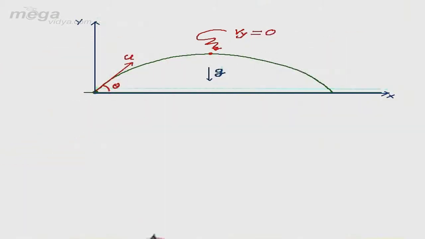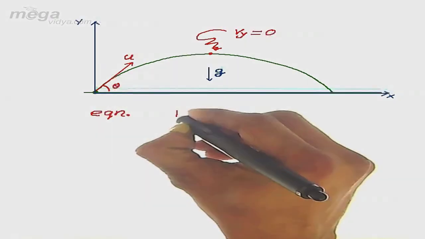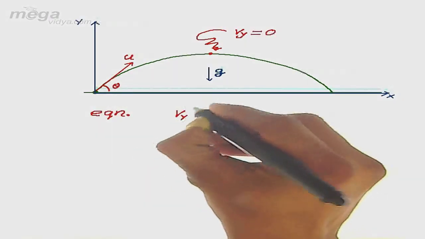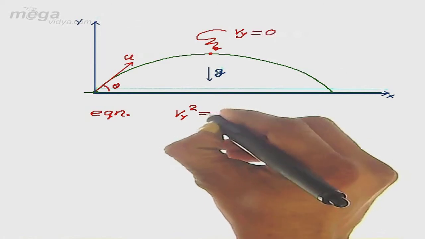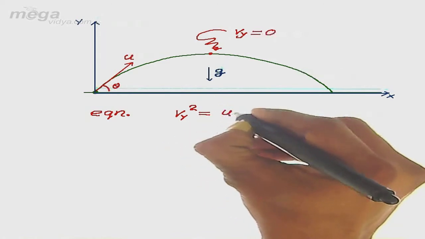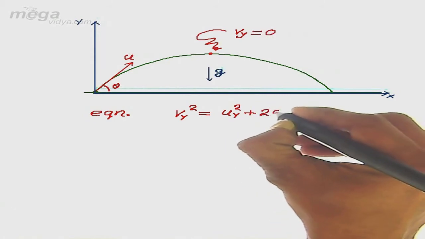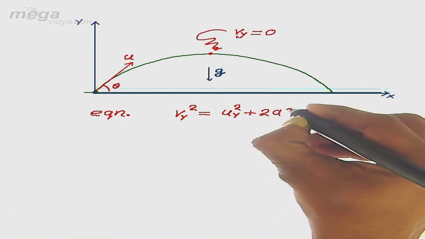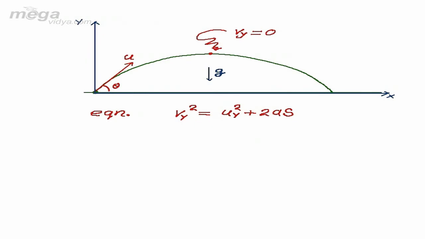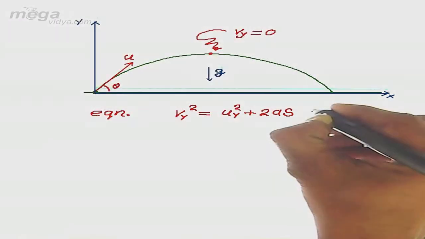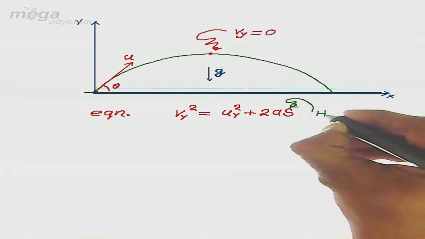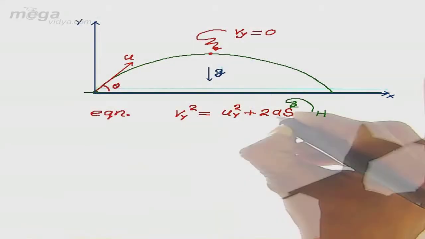So we will use the equation Vy square equals Uy square plus 2 times the acceleration into displacement s. Here, to calculate the maximum height, the displacement will be considered by us as h.